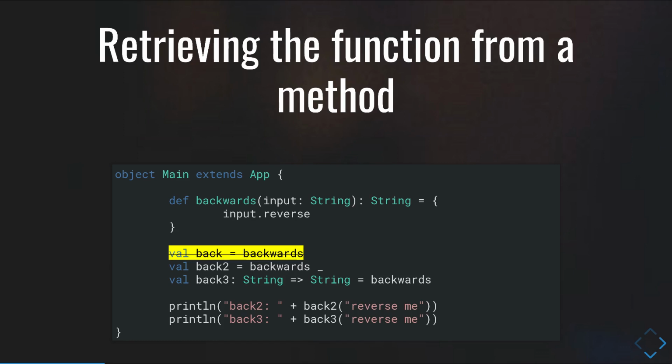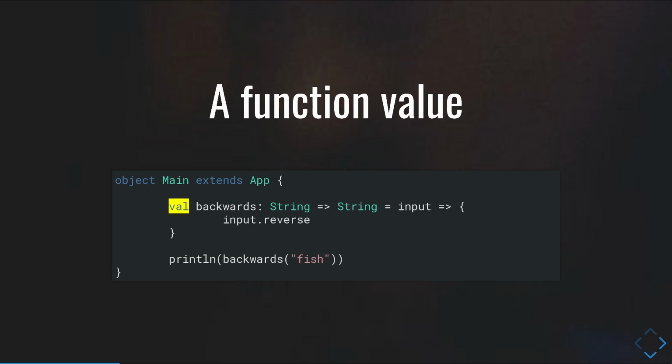Applying using an underscore or explicitly stating the type of the val is enough to trigger this. But the key takeaway here is that it shows us that there's a difference between a method and a function. They are not the same thing. We can store the function as a val, and unlike the def, this is a function. In fact, every time you see that arrow operator, you know it's syntactic sugar for a function.